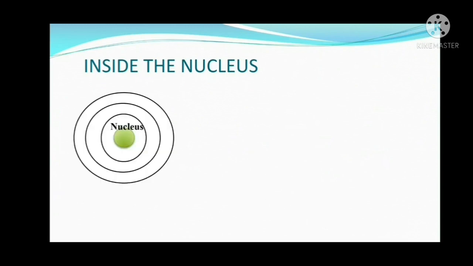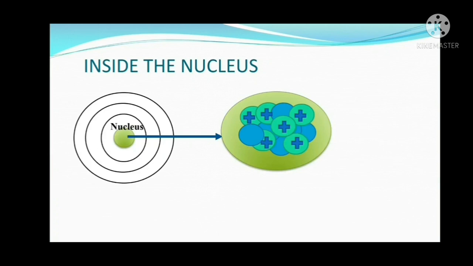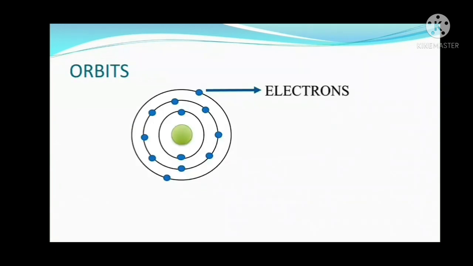The nucleus is made up of two particles which are protons and neutrons. Next is orbits. The orbits which surround the nucleus are called electron orbits because electrons are there in those orbits.